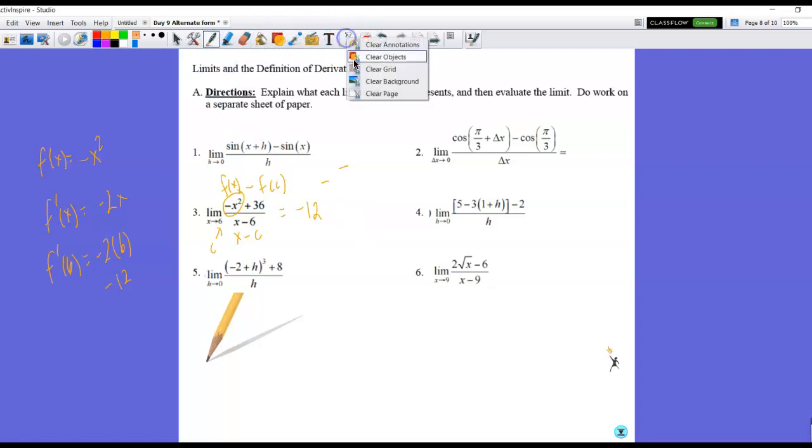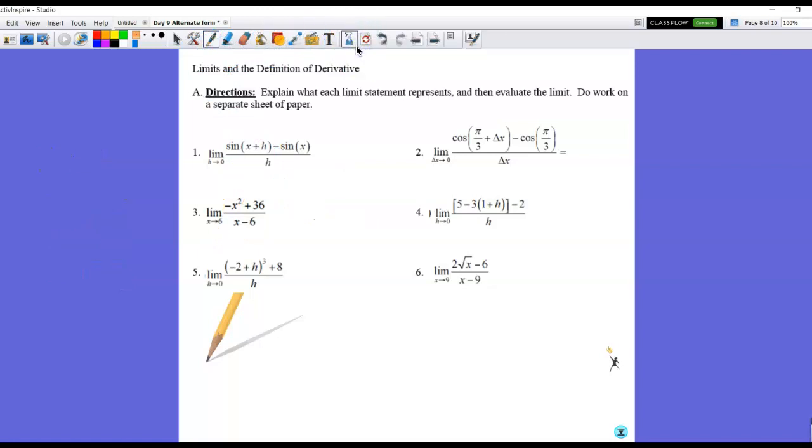Let's go on to number 4 and see what we've got going on there. In number 4, it looks like we have an f of c plus h minus f of c.